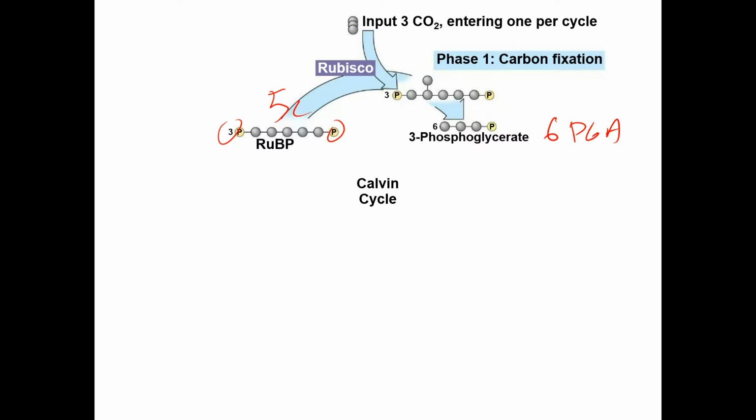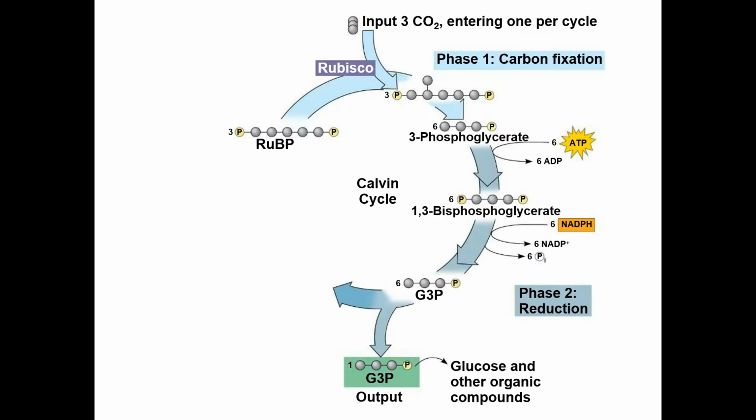Next we have our reduction phase, where to this 3-PGA molecule you attach phosphate groups from ATP.